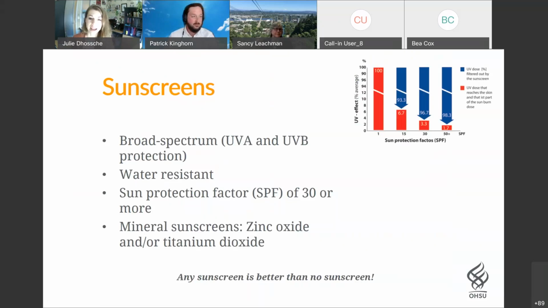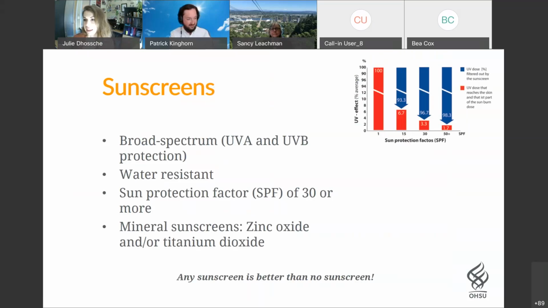We want SPF 30 or more. The reason for that, look at the top right chart. So if you have 30 SPF, that means about 97% of the UV dose is filtered out by the sunscreen. Once you get higher than that, benefit is still there, but it's by 1 or 2%.